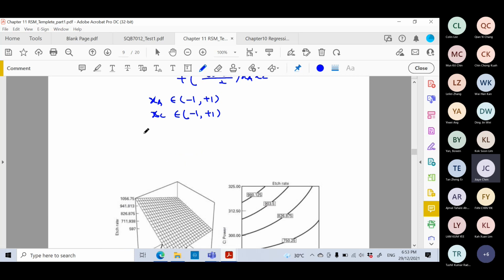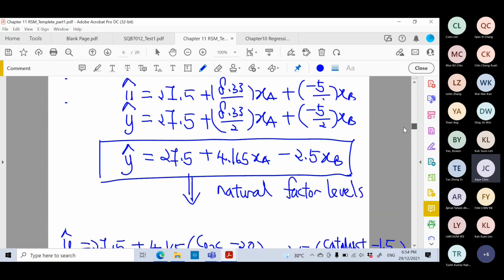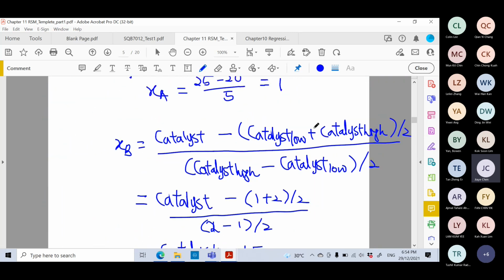So we have XA equal to the coded variable. A refers to the gap, so we have the gap here minus the average. Just now, how do you do it? You just take the average value of these two, if you can recall what you had before. The first one is you use the catalyst minus the average value divided by the difference over 2.